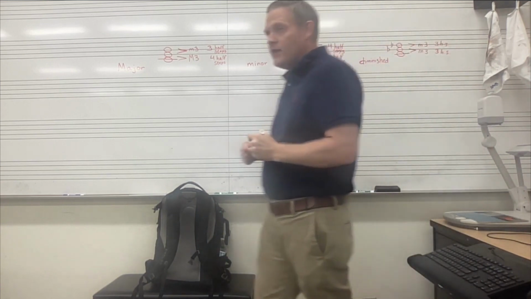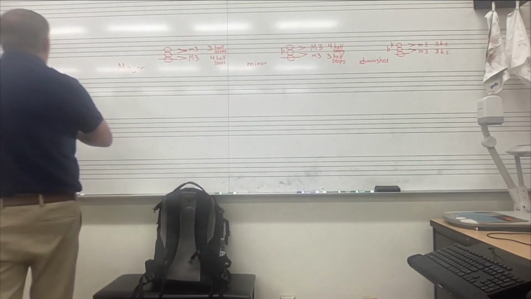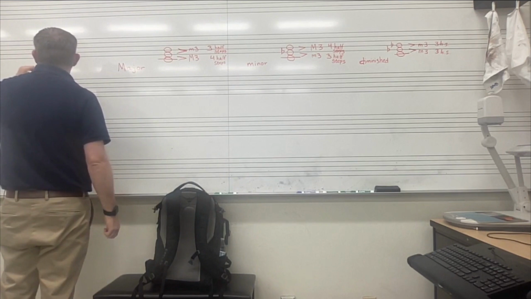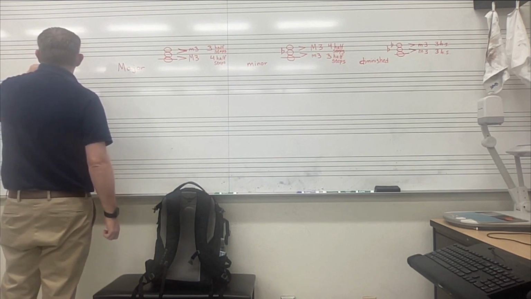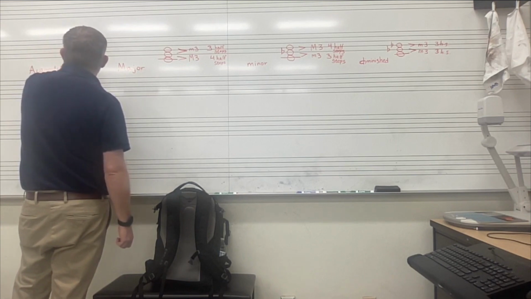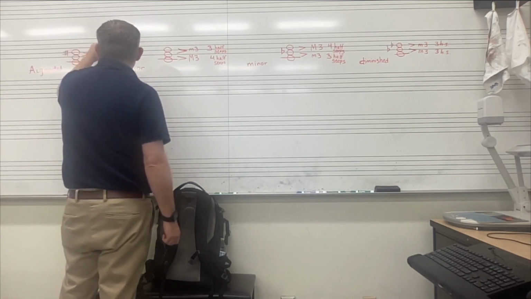All right, what if we augment something? We make it bigger. So what are we going to have for our augmented triad? 2 majors? 2 majors. Major third, major third. 4 half steps and 4 half steps.